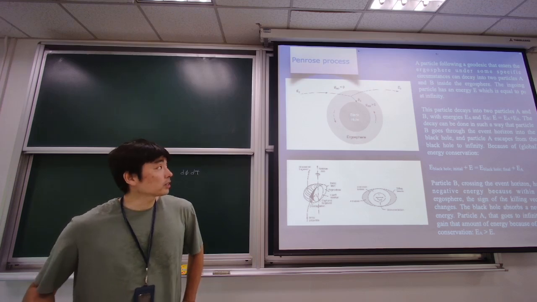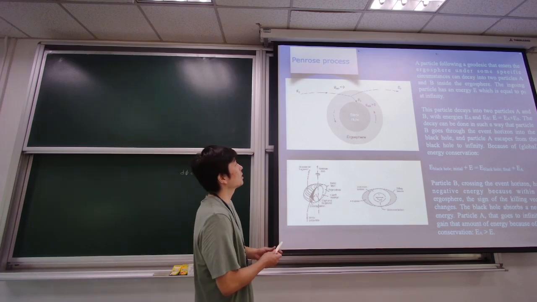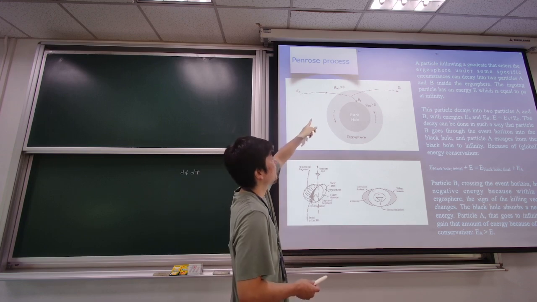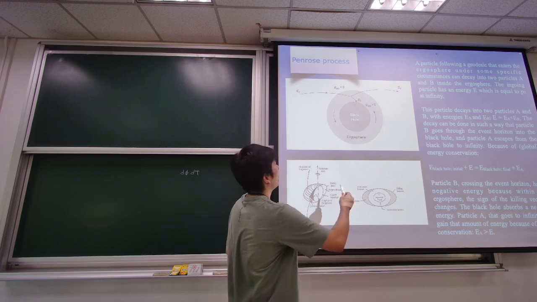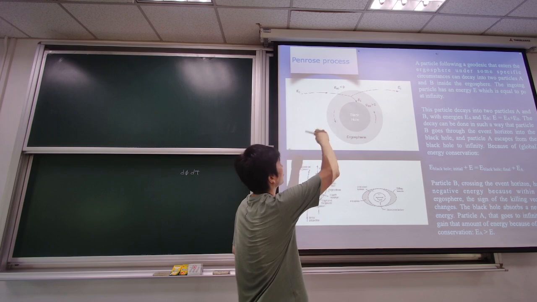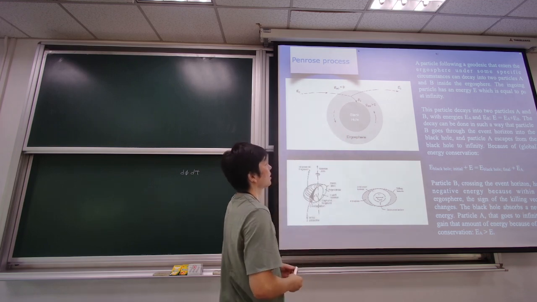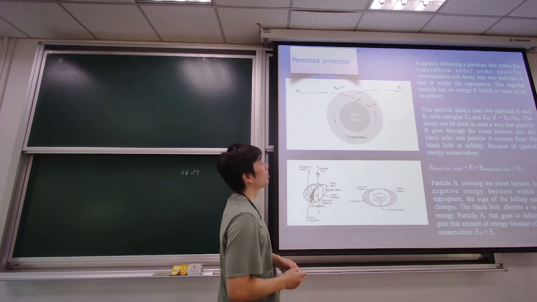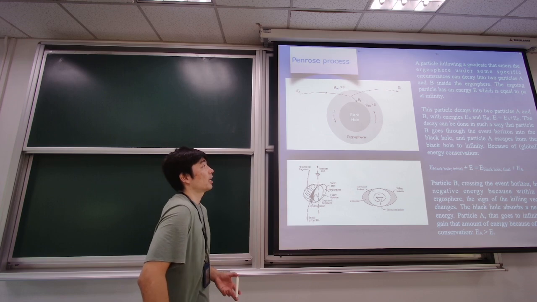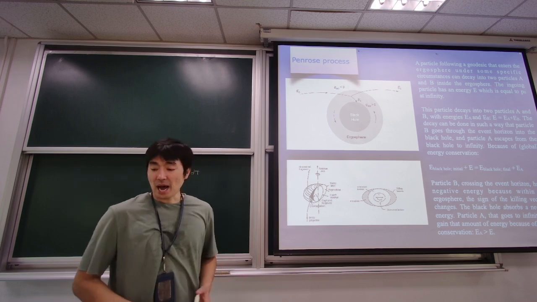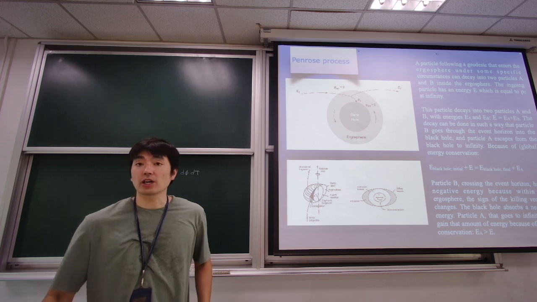The Penrose process, as I mentioned, is like this, though this is not quite the correct diagram. If you have a counter-rotating one entering the ergosphere, one particle can have negative energy, so that one can extract mass, energy, and angular momentum.